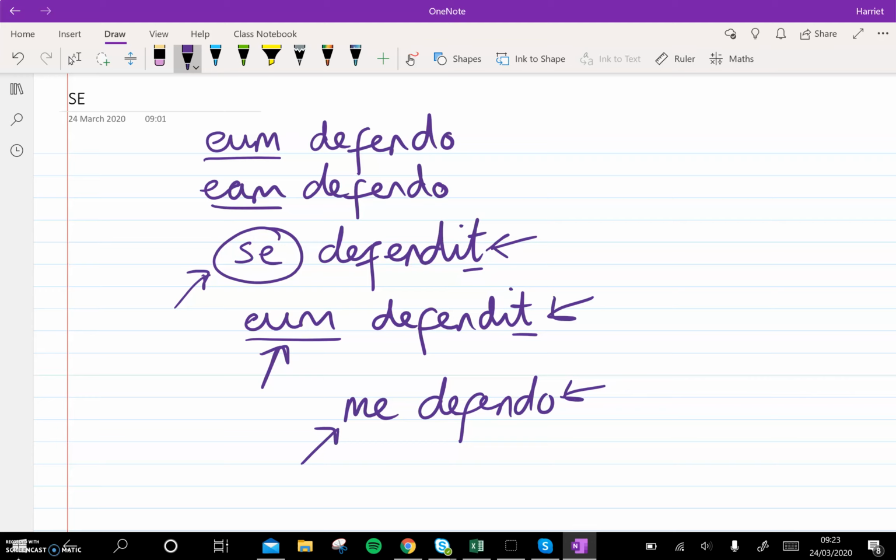Note how me and se look quite similar. If you wanted to say you defend yourself, it would be te defendis, ending in s because it's you. And again, this person doing this verb is the same as this person receiving the action.